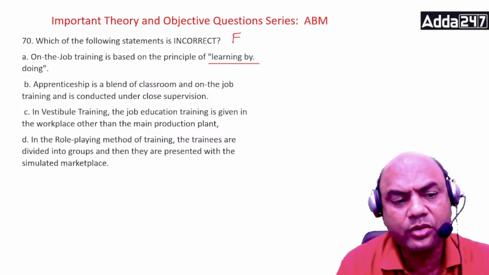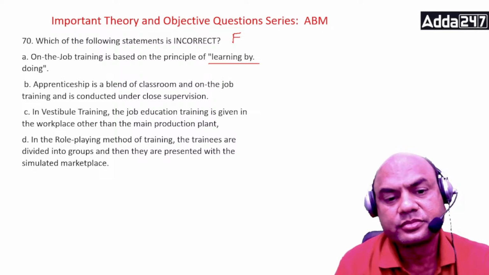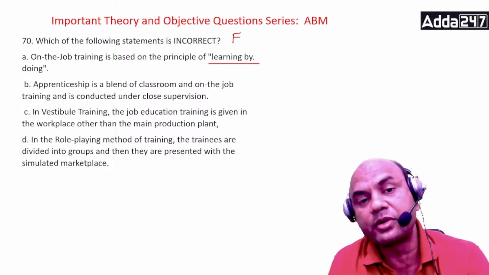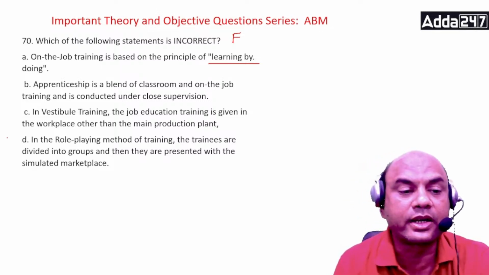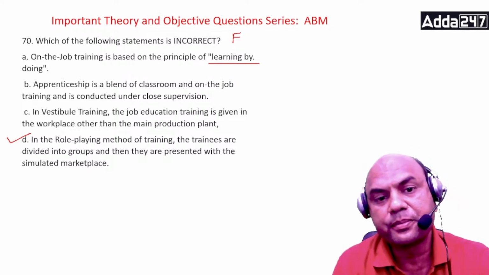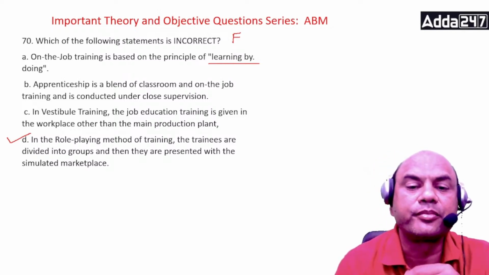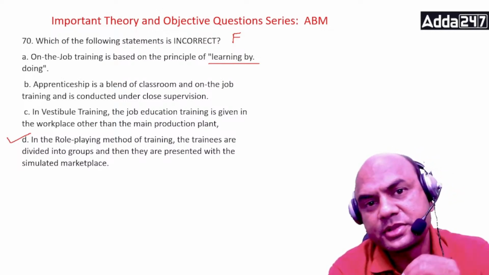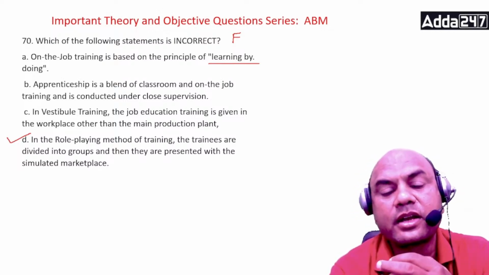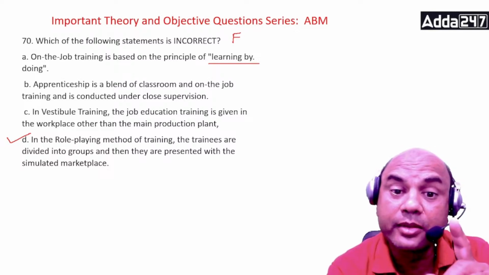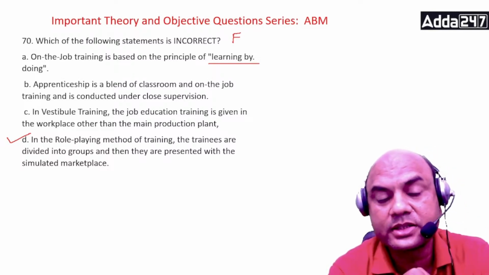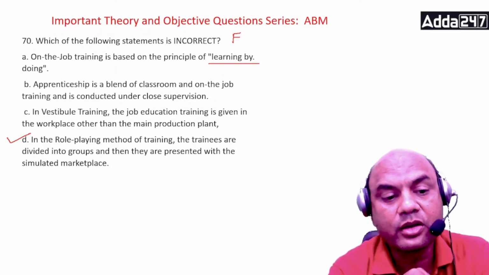Are they divided into groups? So let's look at this. Statement 4 is a doubtful one. In fact, that is a false one. Let's look at this here. Management games. This is a technique under which the trainees are divided into groups. In management games, it's not under role playing.